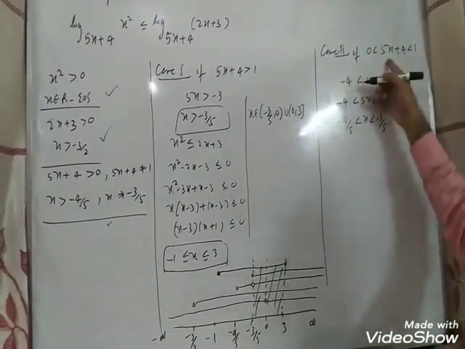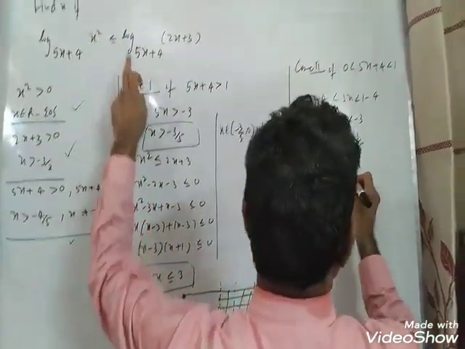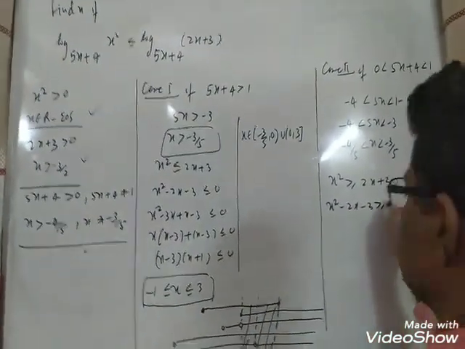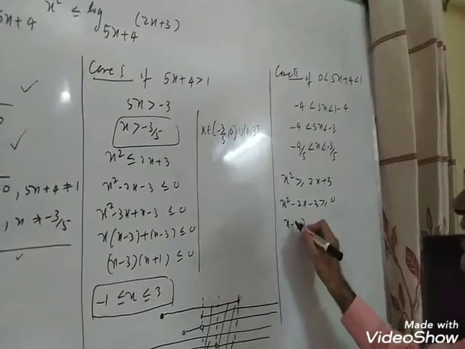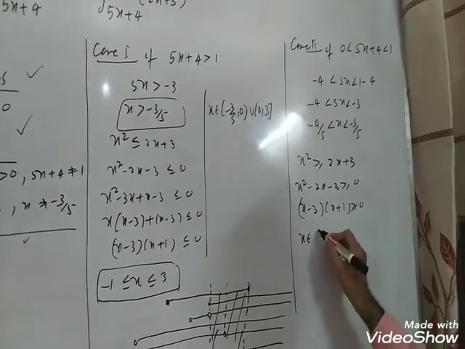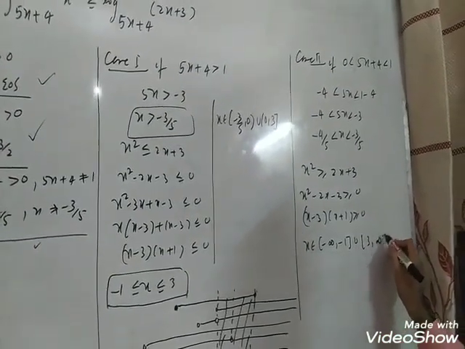Then, when the base is between 0 and 1, the inequality will change. x square will be greater than 2x plus 3. So x square minus 2x minus 3 greater than or equal to 0. So this is x minus 3 times x plus 1 greater than or equal to 0. So x is from minus infinity to minus 1, union 3 to infinity.